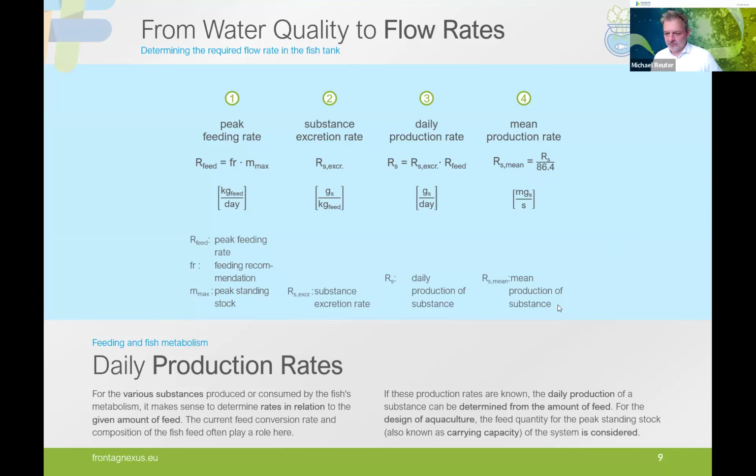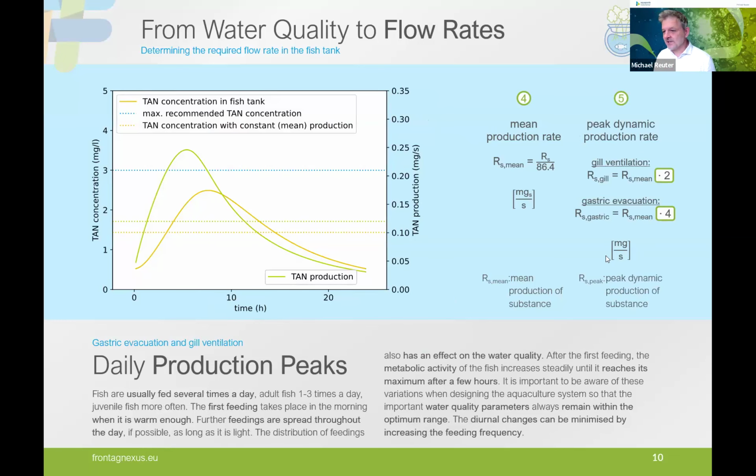And that's the point where I usually depart from this mean production rate. But we have to take into account for every substance that we produce that it's not really the same rate of production over the day. After the first feeding, the metabolism of the fish starts to get working, and thus we usually have a production peak for every substance that is a little bit later into the day, about 5 or 6 hours.